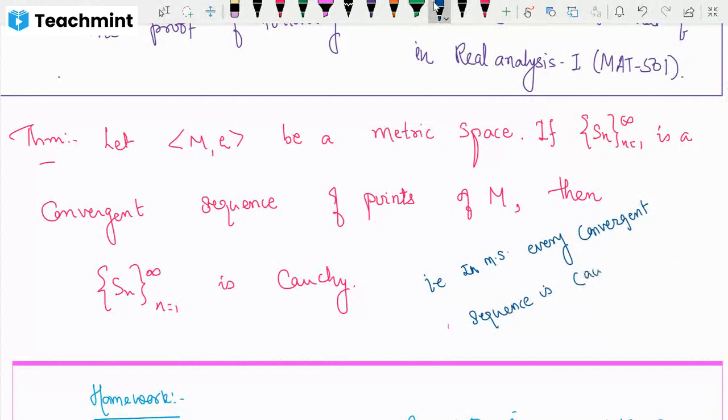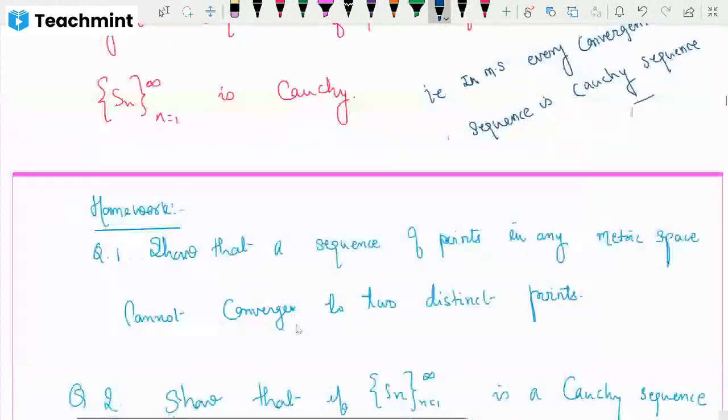The converse of this theorem is not necessarily true in general, but in R, as we have already seen in the previous course, the converse is also true. It means that every Cauchy sequence is convergent. Every convergent sequence is Cauchy, and every Cauchy sequence is convergent. The proof of this theorem we have already seen, and in a similar way you can prove it here also. So it is straightforward.